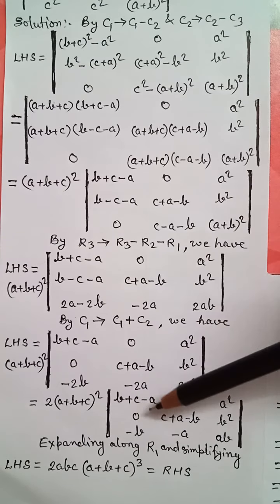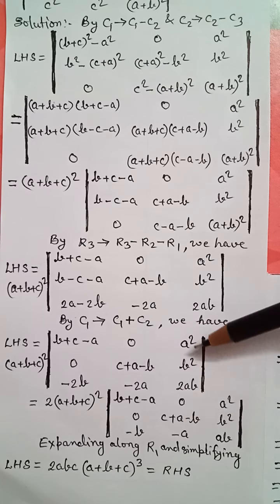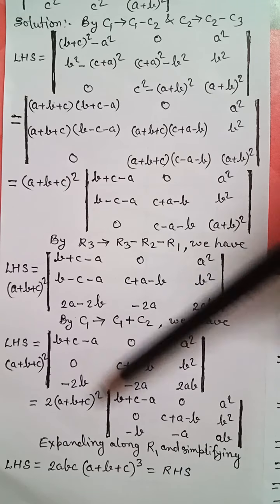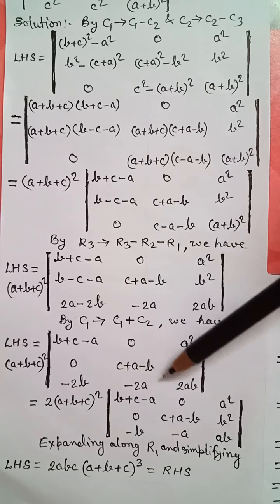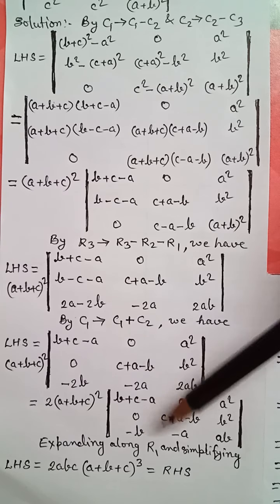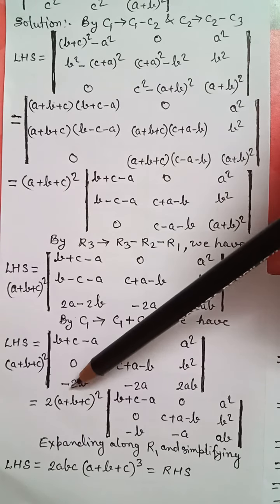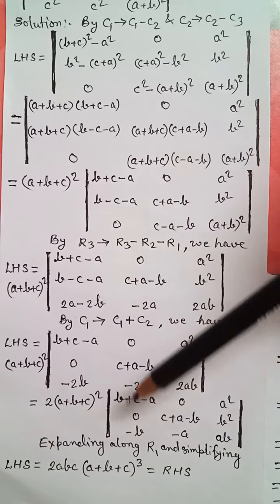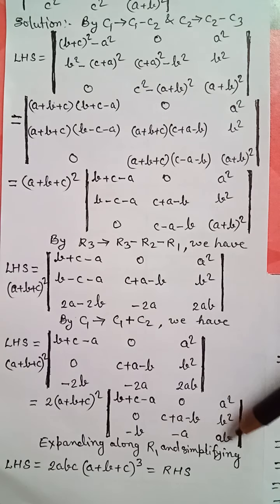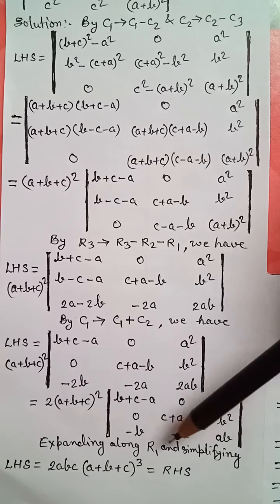Here it is B plus C minus A. Here it is 0. This is A square. This is 0. This is C plus A minus B, B square. Minus B because 2 has been taken outside. This is minus A and this is AB.